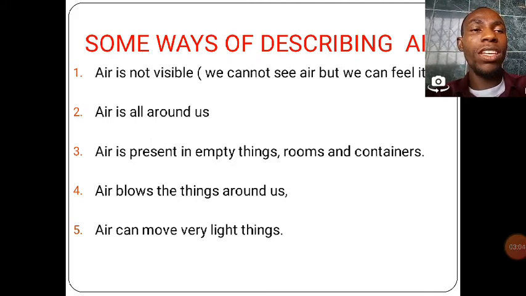4. Air blows the things around us. Yes, that is true. As we can see, when the air is blowing, we see the leaves of trees and other plants moving up and down, back and forth.